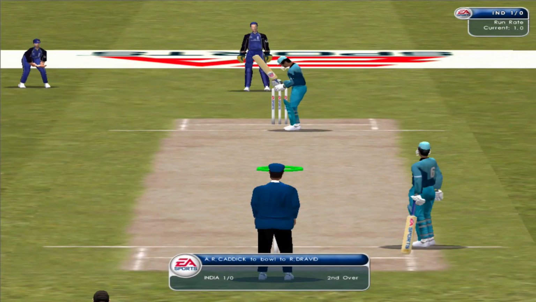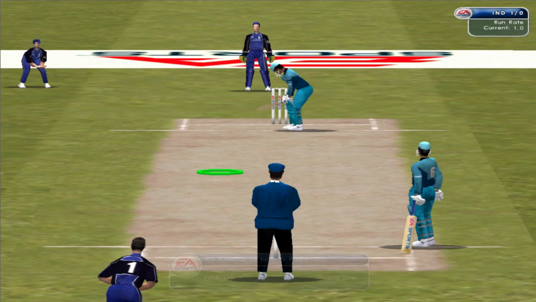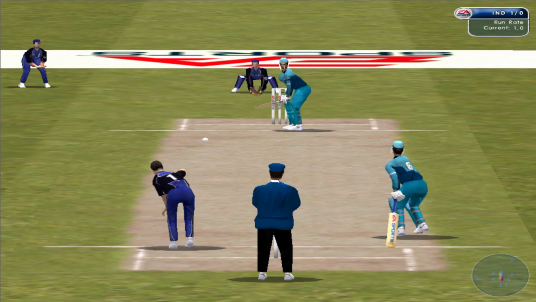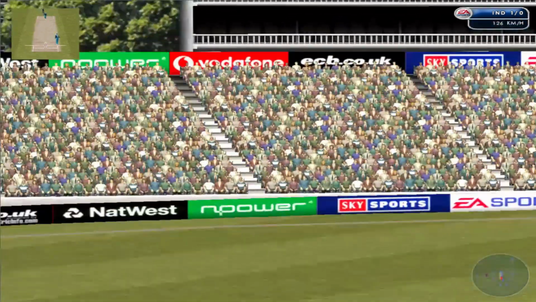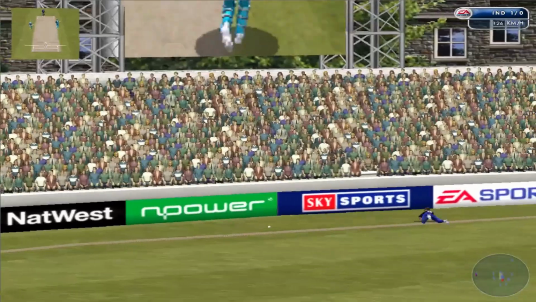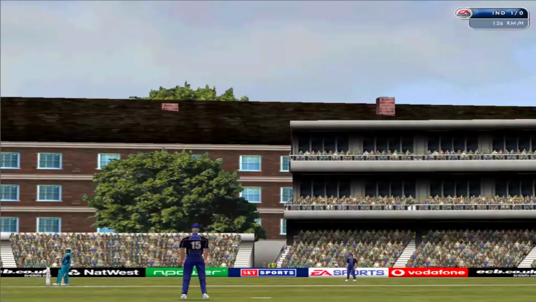Dravid is now facing. A long hop and punished. That's the first boundary for Dravid.